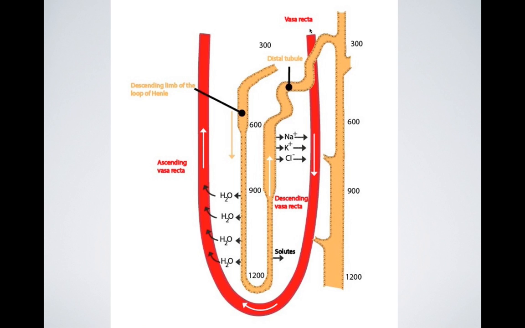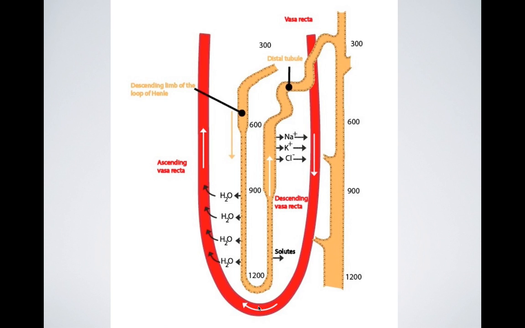So if we follow the blood coming down, what it's going to do is absorb some of this sodium and chloride and also potassium that was pumped out by the ascending limb. As it absorbs more and more as it's going down, that means that the osmolarity of the blood when it gets down here is now super high, because it's taken all this sodium chloride and absorbed it into the blood.